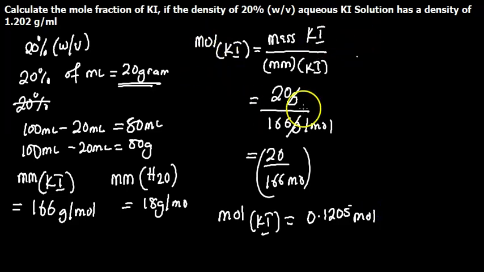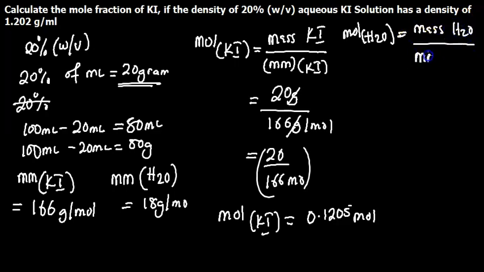This is the moles of potassium iodide. Next thing we need to do is to find the moles of water. The moles of H2O is the same thing. We are going to apply the same technique, which is the mass of H2O divided by the molar mass of H2O.